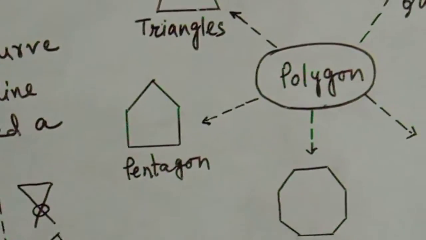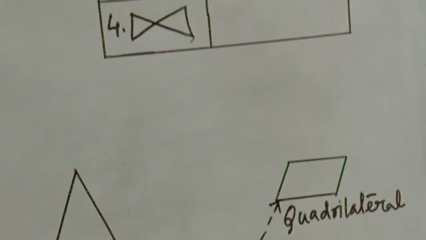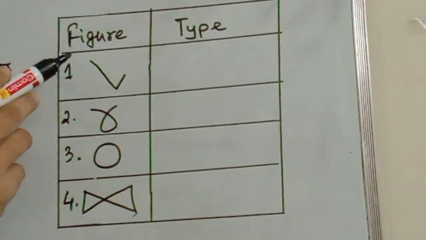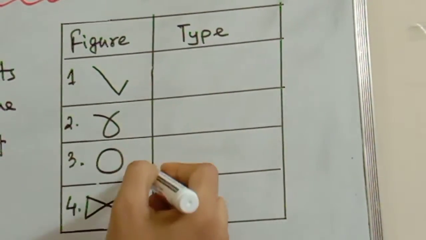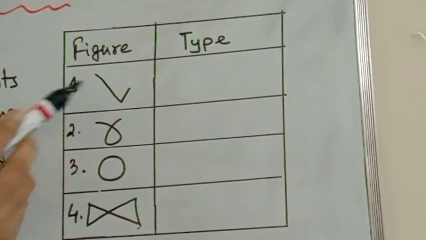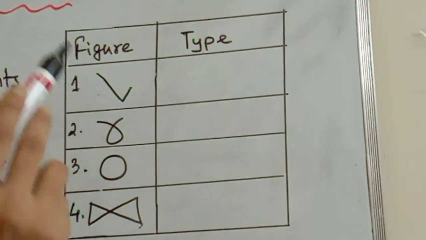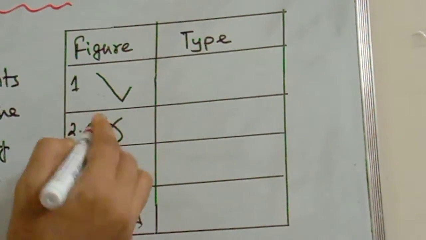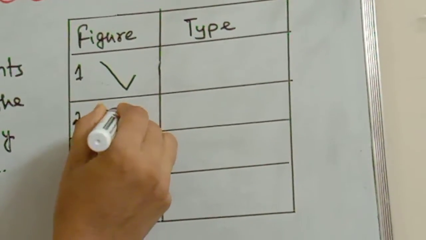Now a few kinds of curves I will ask you. Give the kind of the curve. See, here a few figures are given, and you have to write the types of the figure. What can you see? It is a curve, but it is an open curve. It is a simple curve, open curve. This is a curve, but it is not simple. It has some retracing part also there. So an intersecting part is there.